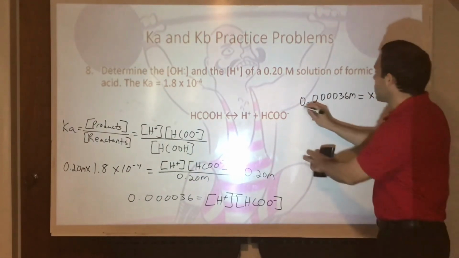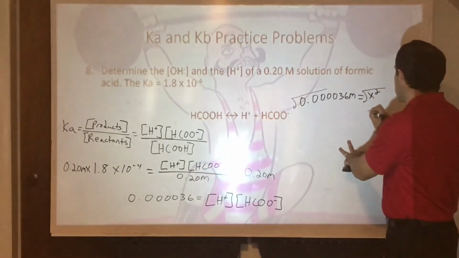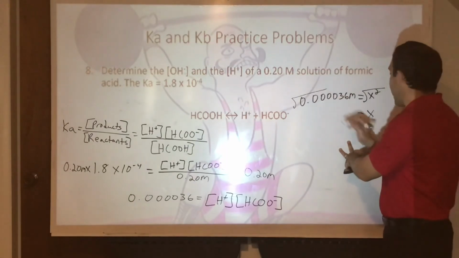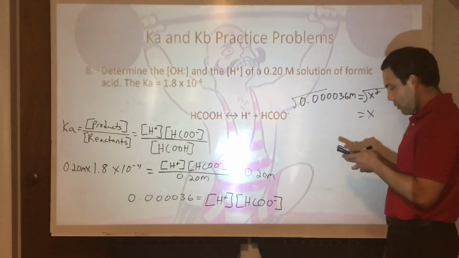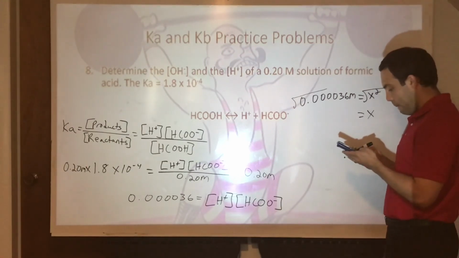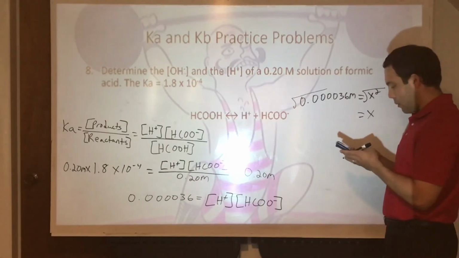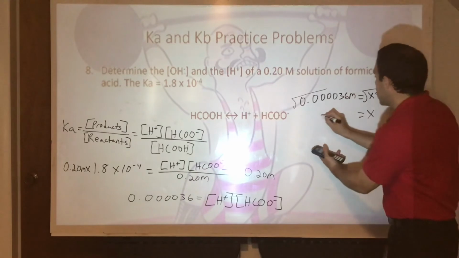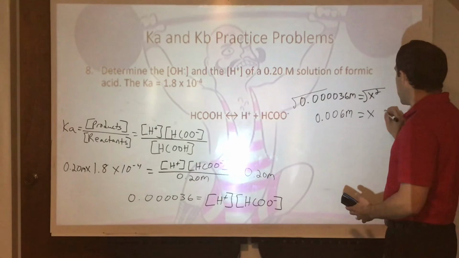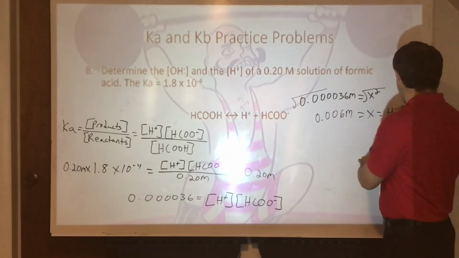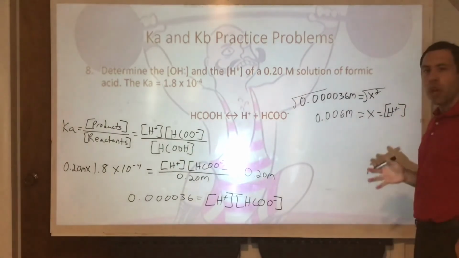So to solve this, we take the square root of both sides. So x, in this case, will equal the H plus ion concentration, which will equal 0.006 molar. But we're not done.